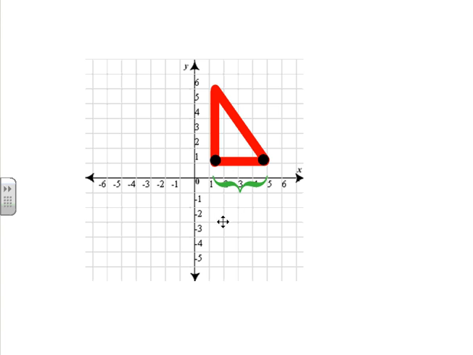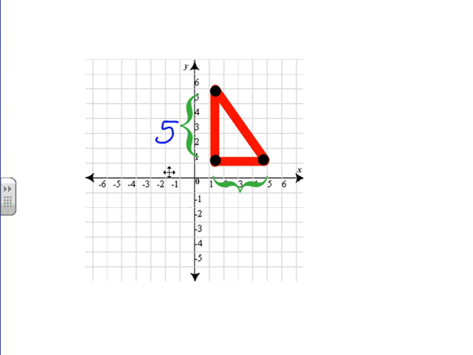So when we look at this, we can see that this side has a measurement because it runs along the side of the triangle right on top of the coordinate plane. It's 1, 2, 3, 4 units. So we can measure that because it actually takes up 4 squares. We can do the same thing with the height, where it measures 1, 2, 3, 4, 5.